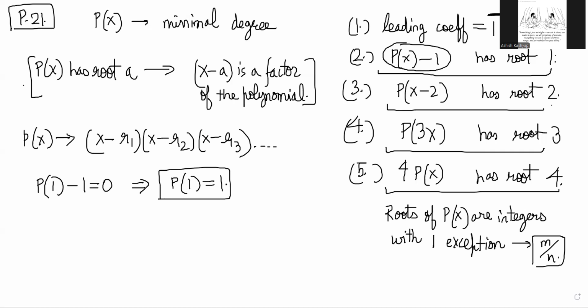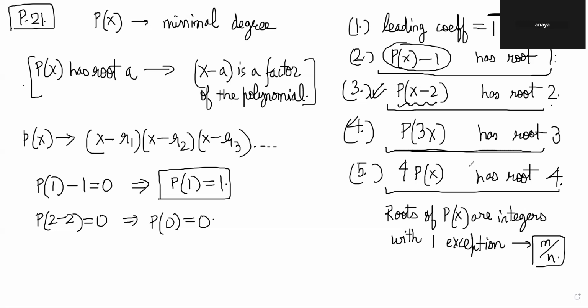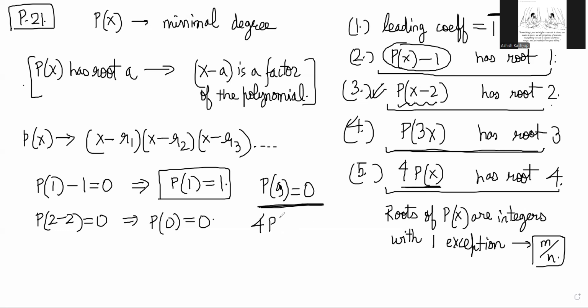If you put 2 into this expression, it should be 0, since this expression has root 2. So that gives us p of 2 minus 2 is 0, which implies that p of 0 is 0. Similarly, from here, we get that p of 9 is 0. And from here, what do we get? 4 times p of 4 is 0.